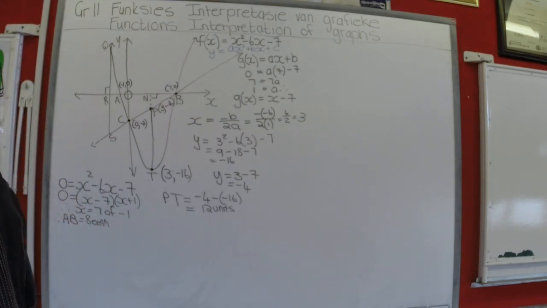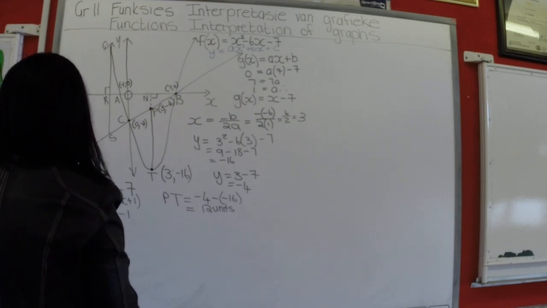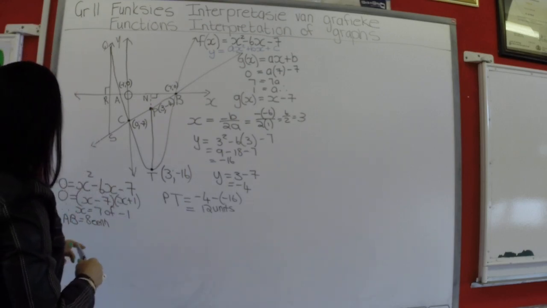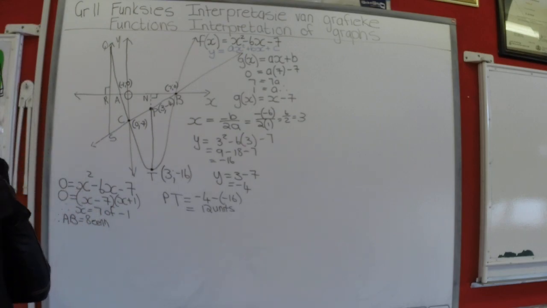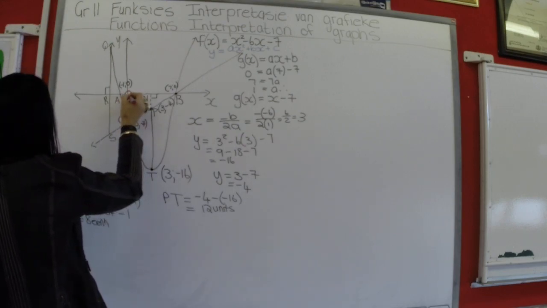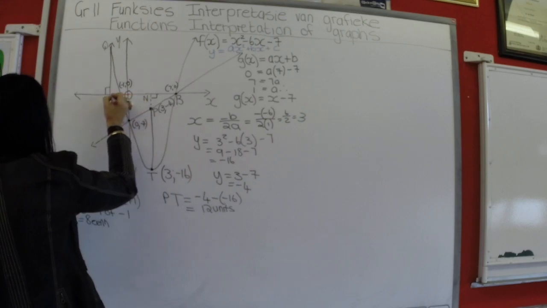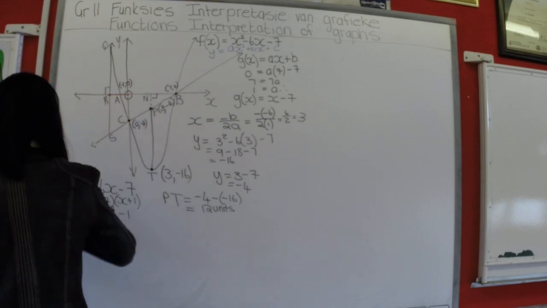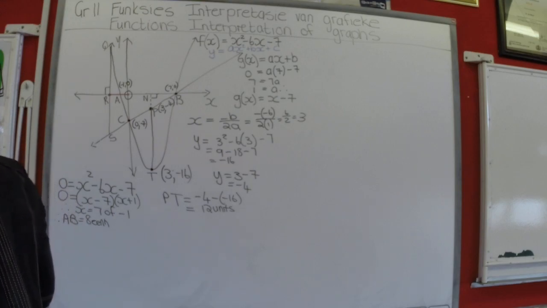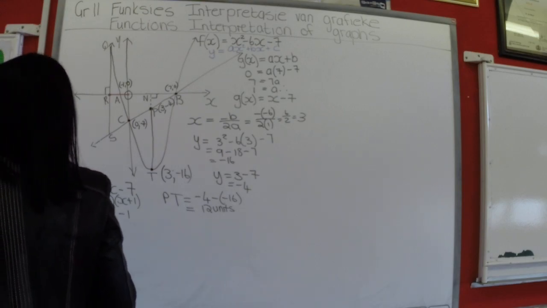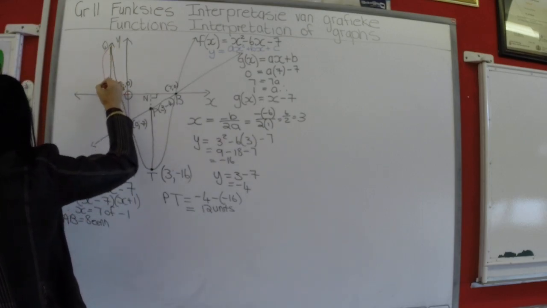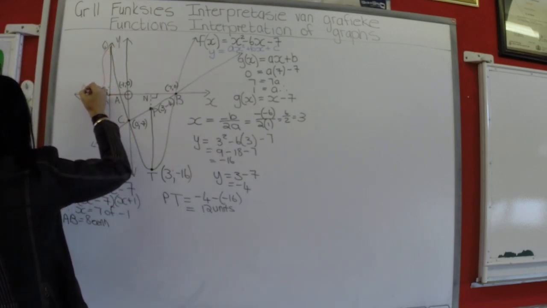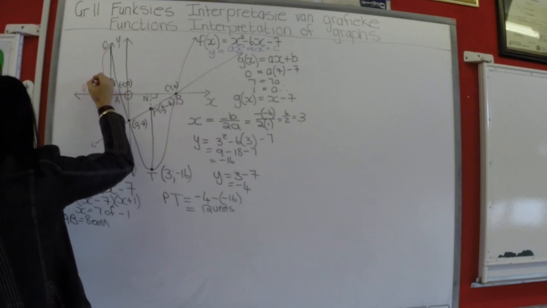Dan vra hulle die lengte van QR, the length of QR. So it's from there up to there. Length of QR if QS equals 18 units. So let's say ek wil daai lengte hê as QS gelyk is aan 18 eenhede.